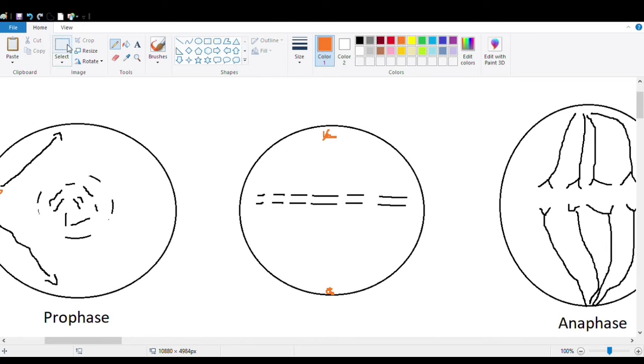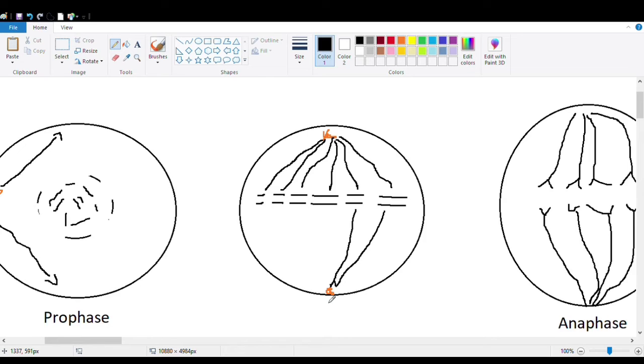And then from the centrosomes, we're going to get our microtubules coming out. Essentially these are more or less rigid poles that really come out from the foundation here.